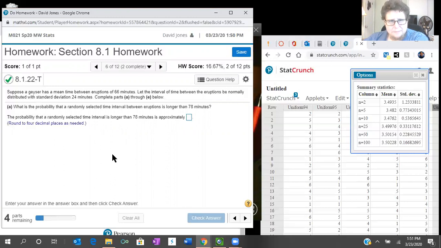And it tells me my mean time is 66 minutes, and my standard deviation is 24 minutes. Then they ask me a bunch of calculations. Part A says, what is the probability that the eruption times are longer than 78 minutes? So I'm going to write that down, longer than 78 minutes, so I can switch back to my camera and we can discuss what I'm doing here.